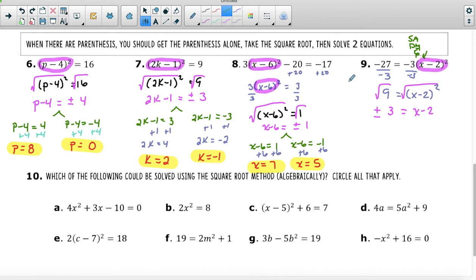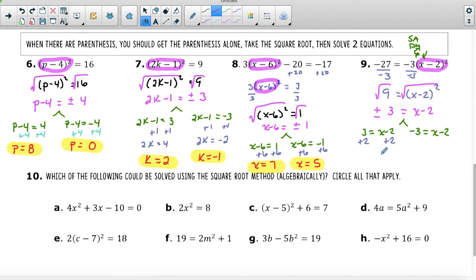So now we set our two equations. We have a positive 3 is equal to the x minus 2, and we also have the negative 3 is equal to the x minus 2. So to solve for this x, on this left side, we're going to add 2 to both sides.